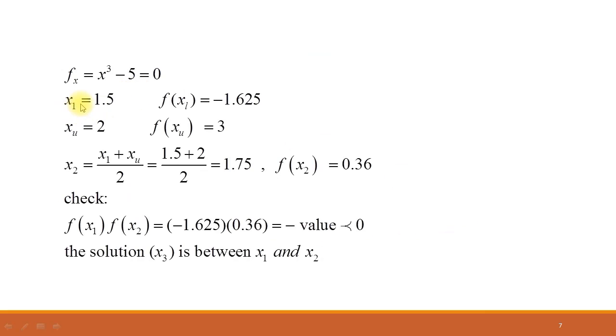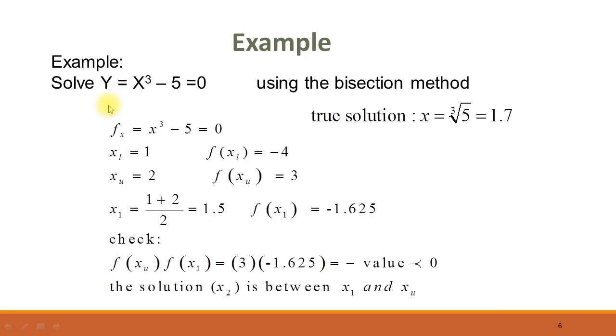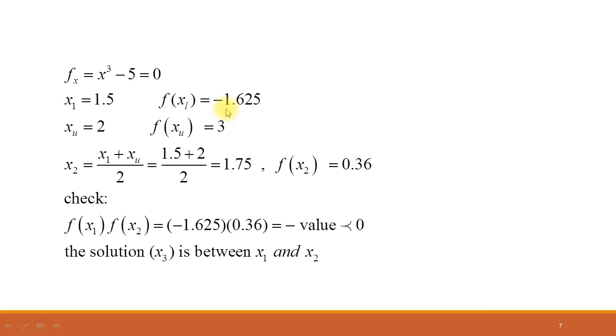You see here the function has 1.5. This is the x1 value. The x1 value is 1.5, and when we put x1 in the function, we obtain minus 1.625, and at xu equal to 2, the function has a positive value. So the function has opposite sign at x1 and at xu.